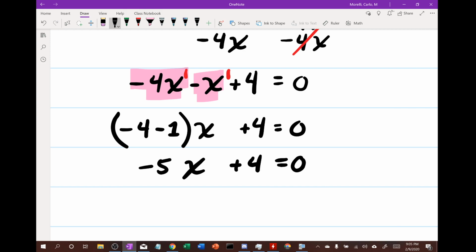Then I'll show you one more problem, and then I'll call it off because it's too late. Jasmine, what do I do next? Minus 4 on both sides. That is perfectly correct.